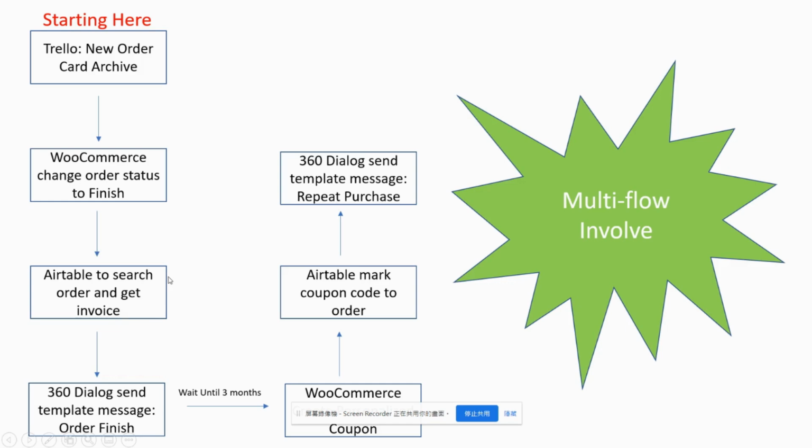I also store the official invoice in the Airtable. So I need to search the order number and get back the link of the invoice.